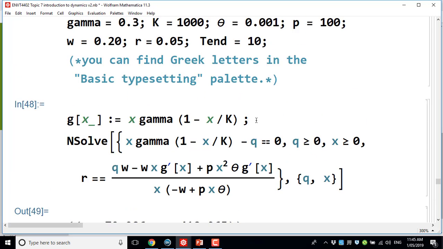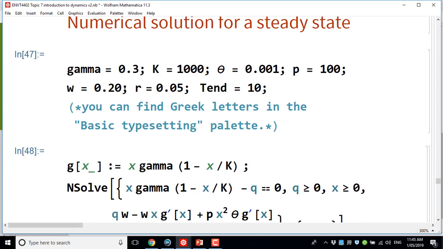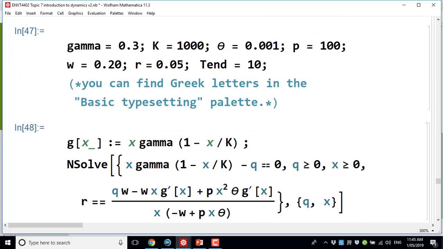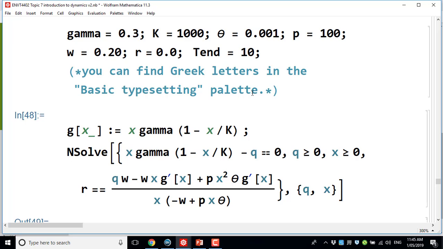Now, numerical problem 3, you'll be asked to do some sensitivity analysis on this. And one parameter that is key to dynamics is the discount rate. All right, so if I reduce the discount rate to 0, what do you think would happen to the optimal capture?